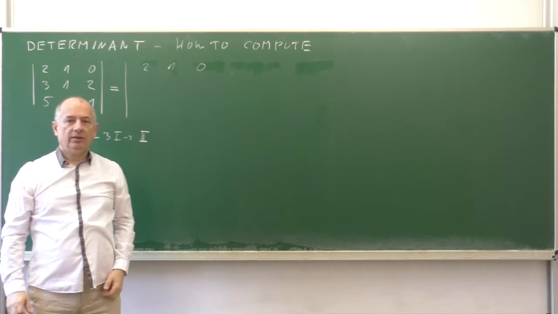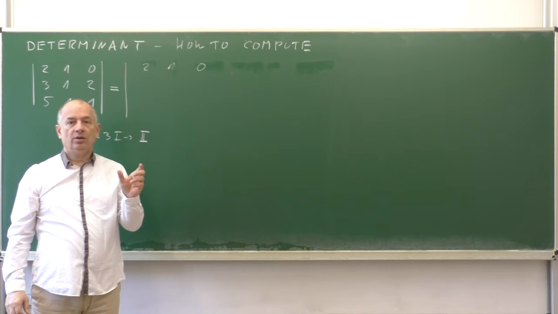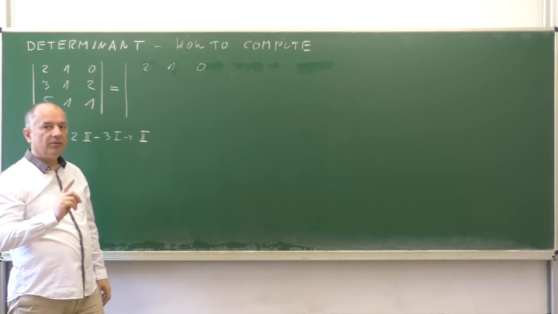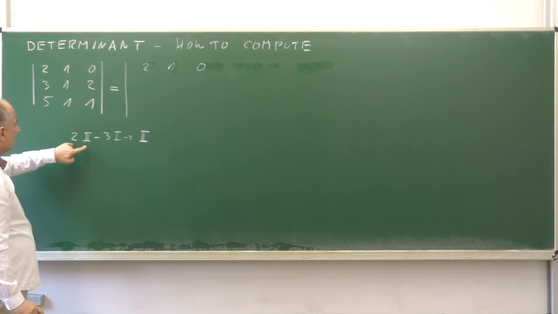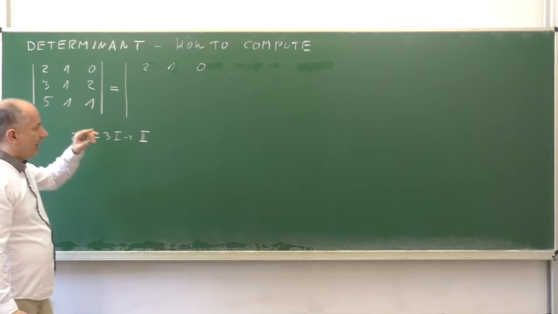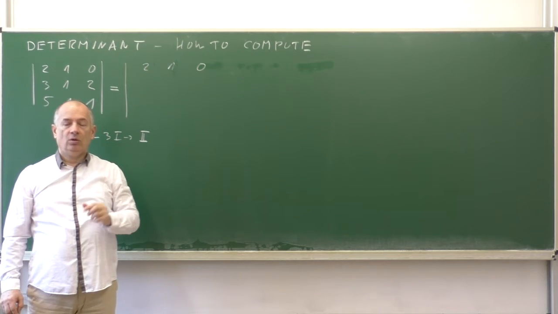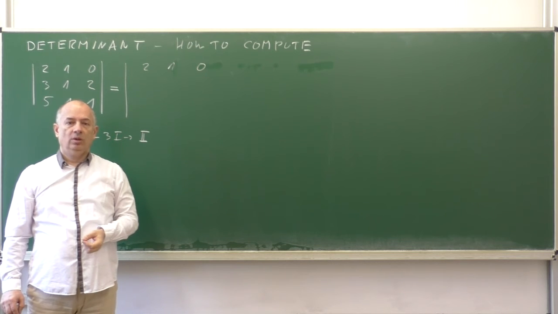This is an equivalent operation in the sense that it does not change the rank of the matrix, but it is not equivalent when computing the determinant. We can add a multiple of another row or a linear combination of other rows to a given row, and that does not change the determinant.